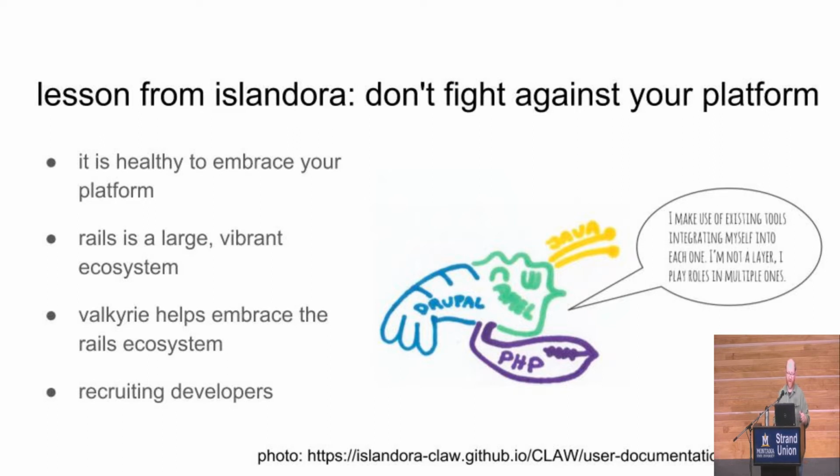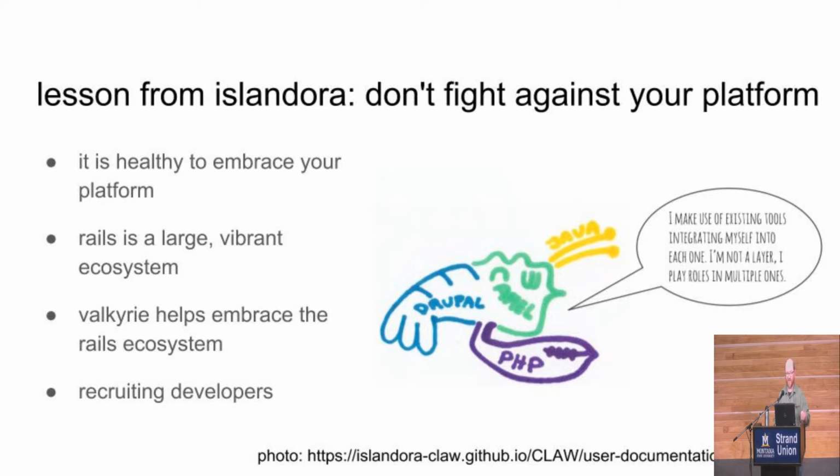And I think that we are in a similar situation in many ways. Rails is a large, vibrant ecosystem, and ActiveFedora mimics ActiveRecord and provides a lot of the same patterns, but ultimately it's not ActiveRecord, and that meant that a lot of things that would work with ActiveRecord really wouldn't work with ActiveFedora. And that always cut off some tools and some options and made things challenging.